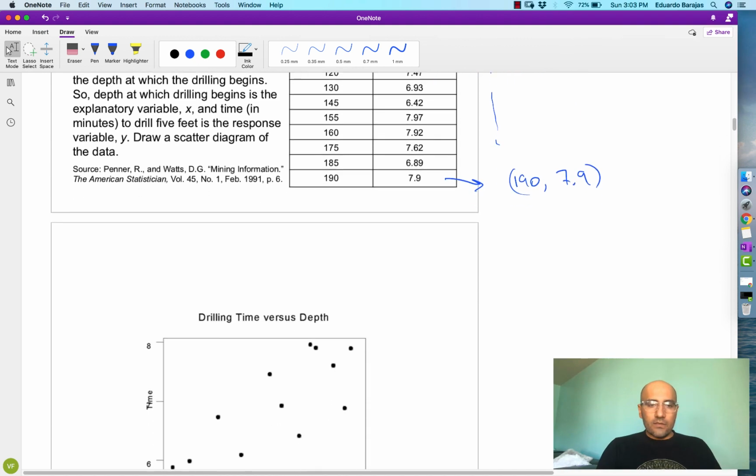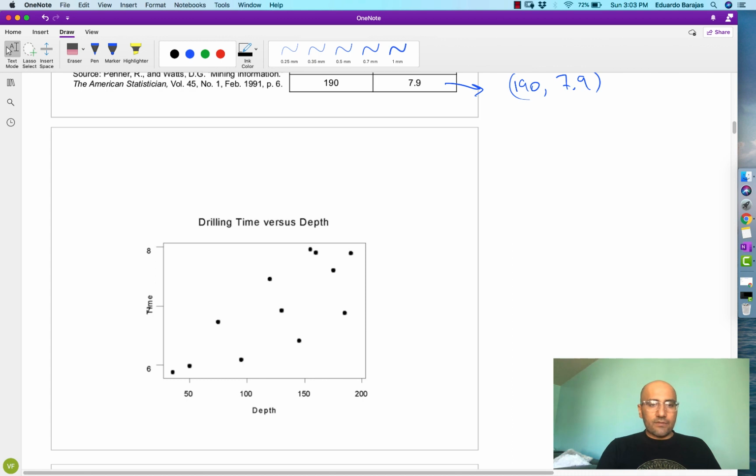We create a scattergram. A scattergram looks like this. Okay, so we have time over here. That's the response variable. And then we have the depth at which we started to drill. If we look at the scale, it starts off with 0, 50, 100, 150, 200.